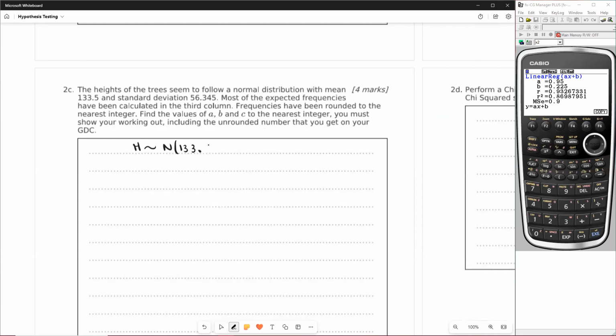Most of the expected frequencies have been calculated in the third column. Frequencies have been rounded to the nearest integer. Find the values of A, B, and C to the nearest integer. You must show your working including the unrounded number that you got in your GDC.